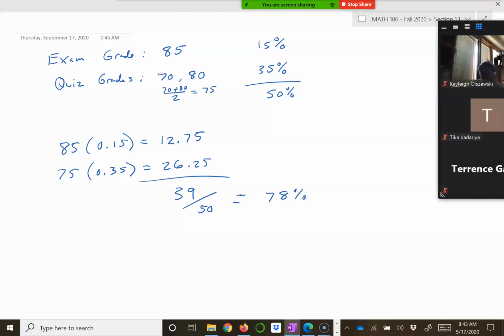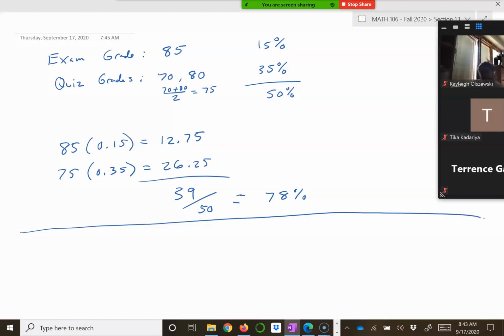That's how you can figure out where you stand in the class. You can go through this exact same process. I'll leave this here in the section 1.1 notes, so you can see exactly how to figure out where you stand.